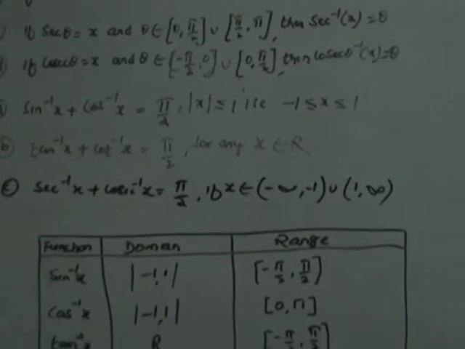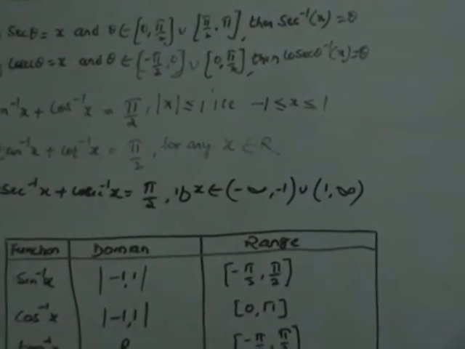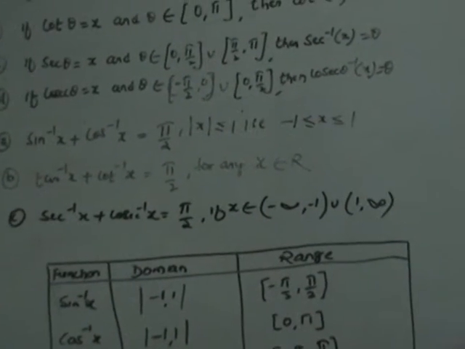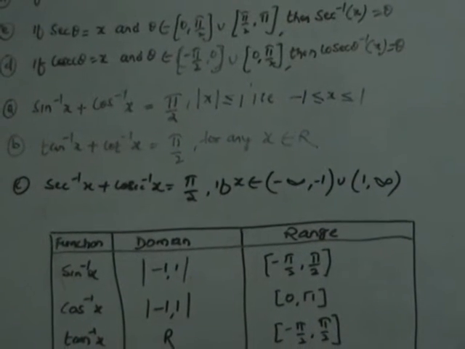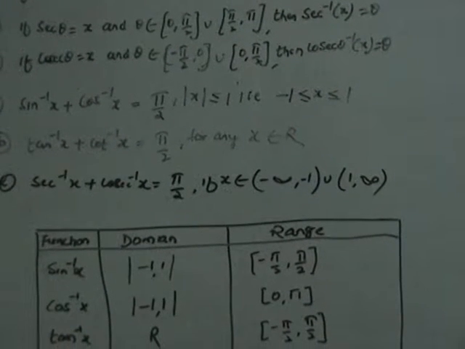And we will see the domain and range of some of the functions. For sin inverse x, the domain is minus 1 to 1 and the range is minus pi by 2 to pi by 2. Similarly, for cos inverse x, the domain is minus 1 to 1 and the range is 0 to pi.